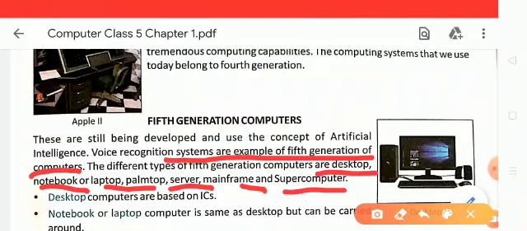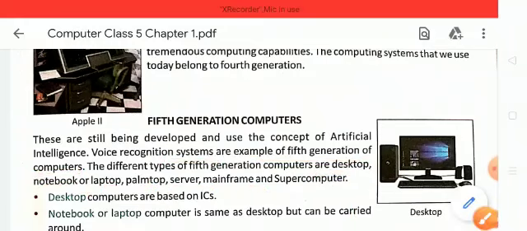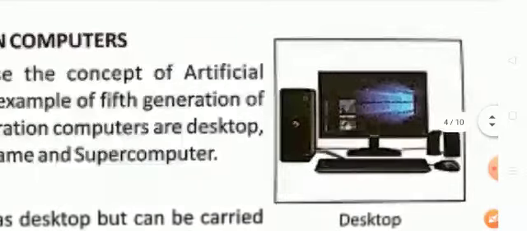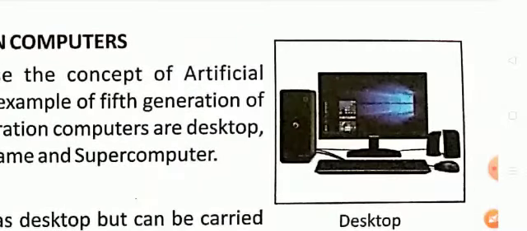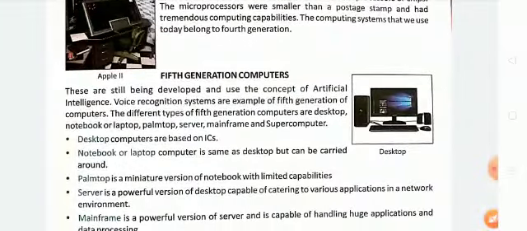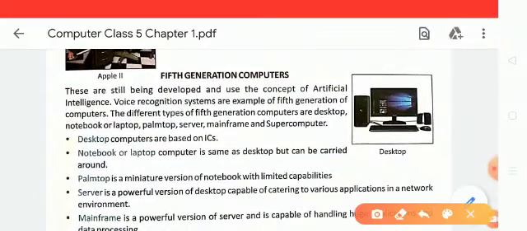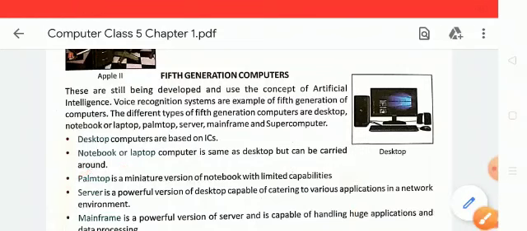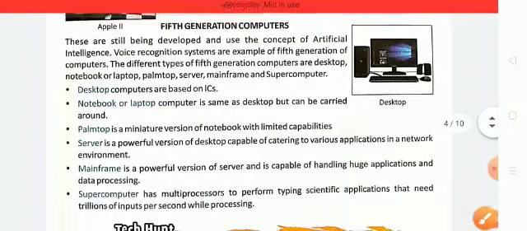Okay, look at this picture of a fifth generation computer. In modern times, we use this type of computer. This is called a desktop. Okay, so desktop computers are based on ICs. A notebook or laptop is the same as a desktop but can be carried around. A palmtop is a miniature version of a notebook with limited capabilities. Okay, I hope you understand.